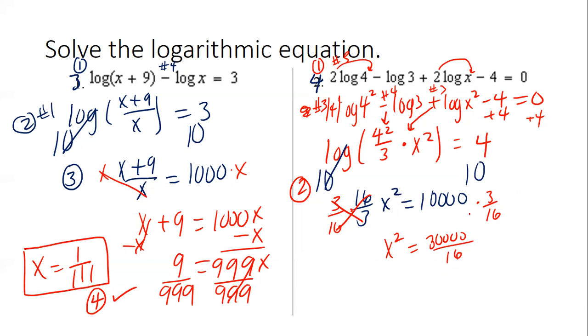I'm just making sure you know, 3 times 10, I got that. I'm good. All right. And then what's the last thing to get x by itself? The square root. So we're going to get x equals the square root of 30,000 divided by 4. What is that? Calculator peeps.